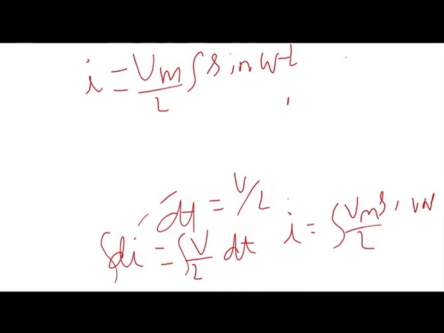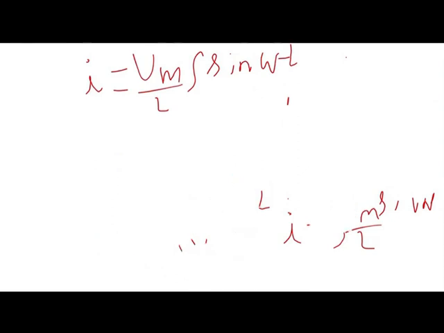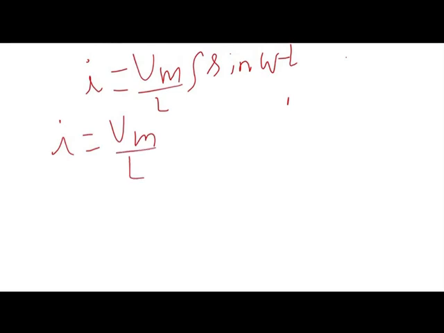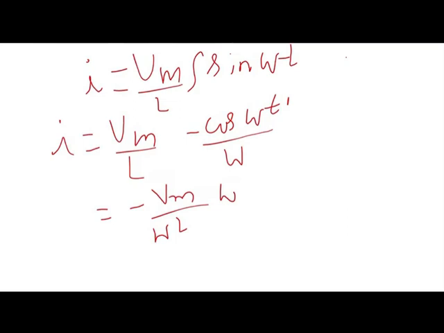If you integrate sine omega t and simplify, I will be equal to Vm by L, and the integral of sine omega t becomes minus cos omega t divided by omega. So this will become minus Vm by omega L cos of omega t.